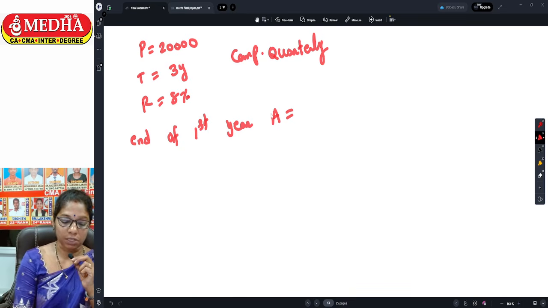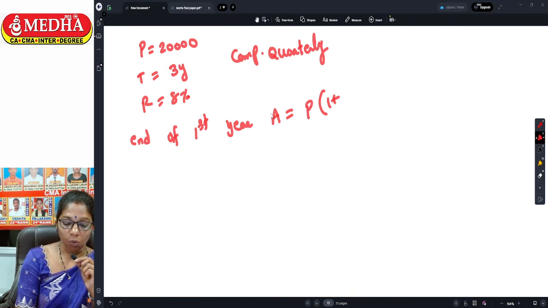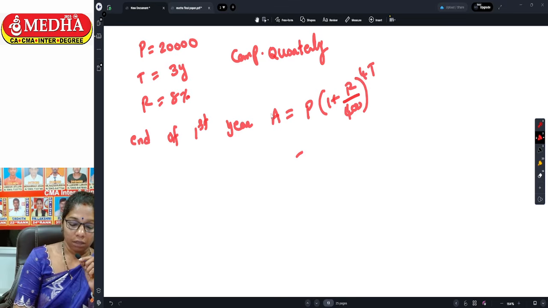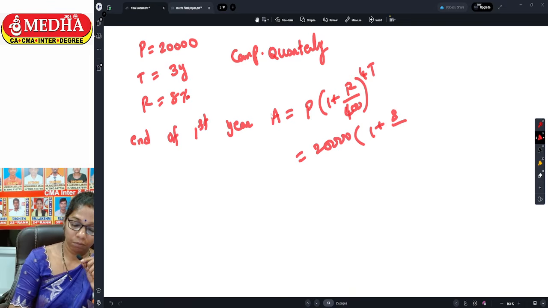So end of the first year interest, that is P of 1 plus R by 100, 400 quarterly, that is 40, which is 20,000 of 1 plus 8 by 400 whole power 4 into 1.